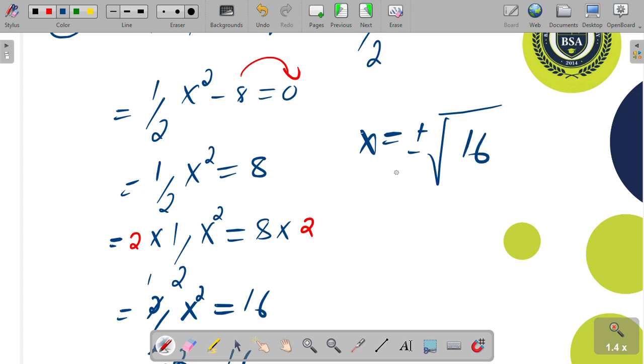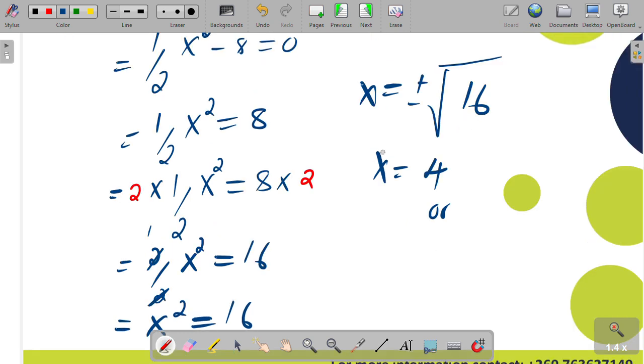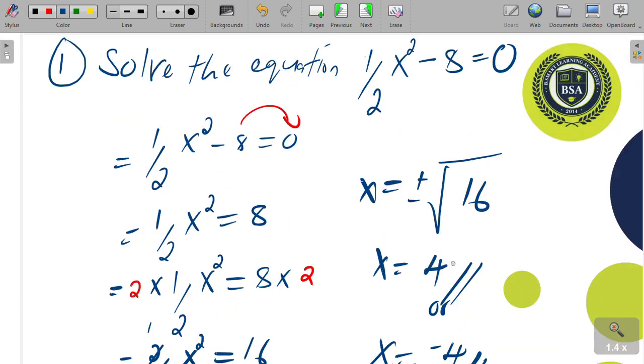So x is equal to positive 4 or x is equal to negative 4. So these are your answers. This is how you solve this question.